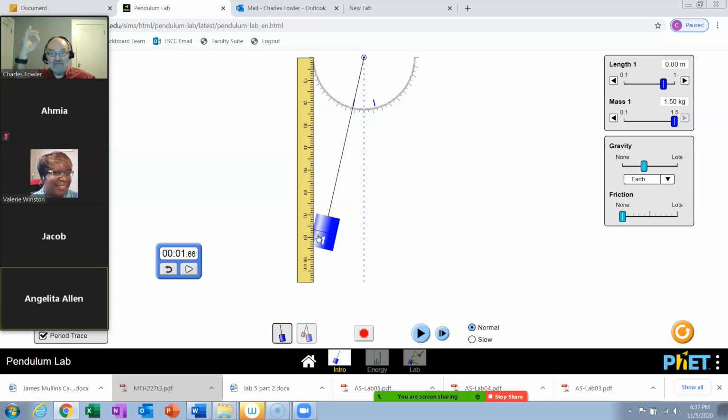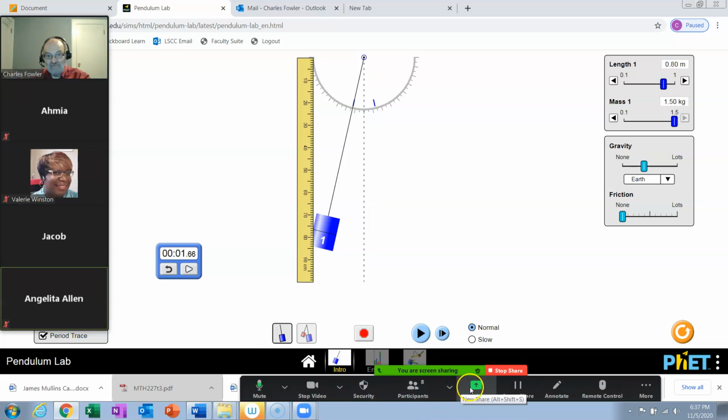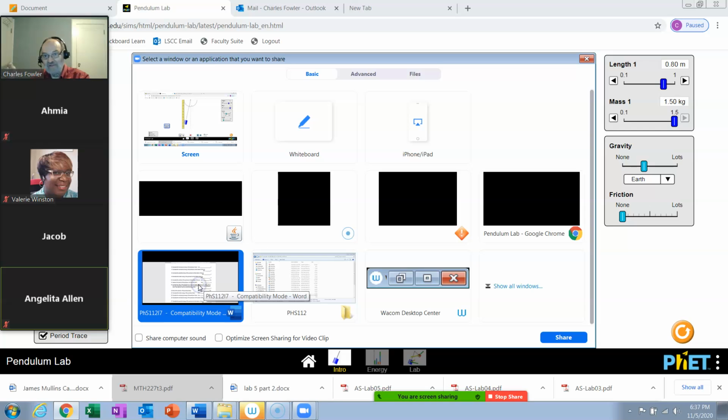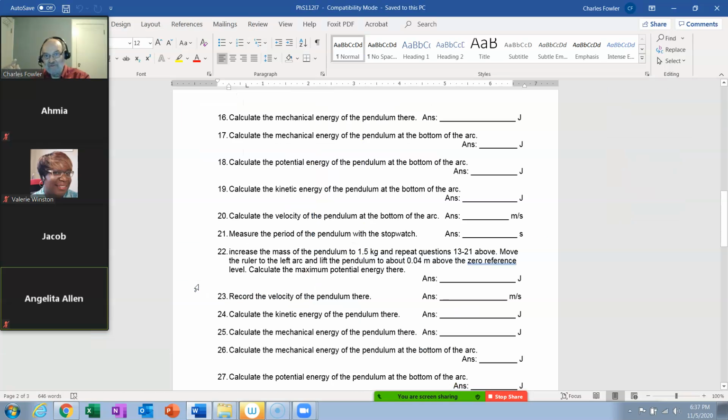It's zero. Perfect. So that question is 0 because at the maximum height it goes, the velocity is momentarily 0. So that's number 23. The velocity of the pendulum there was 0 meters per second.